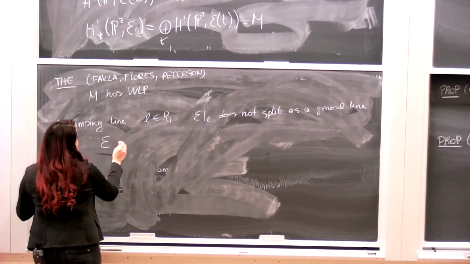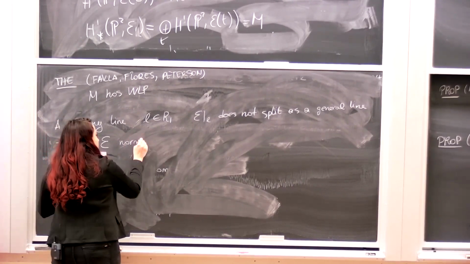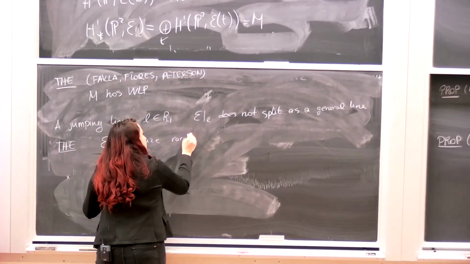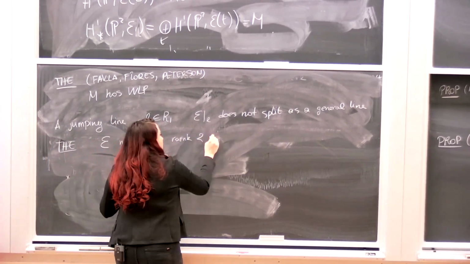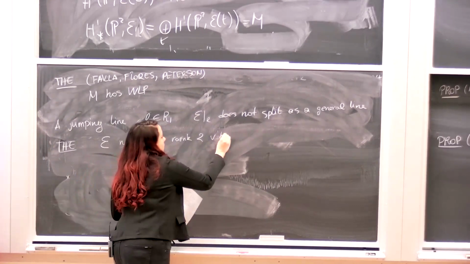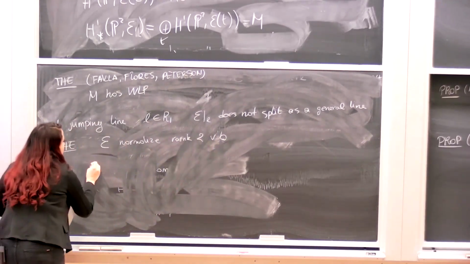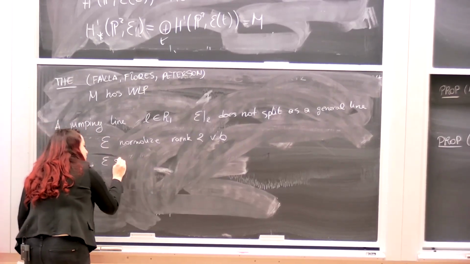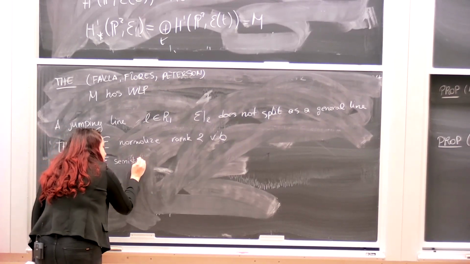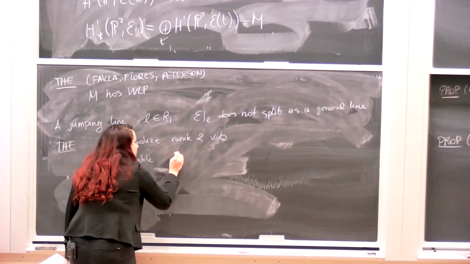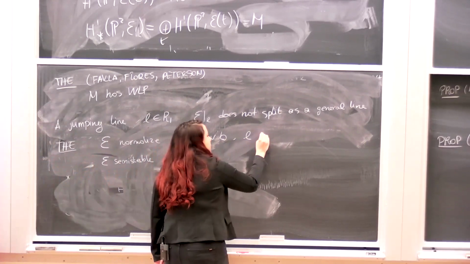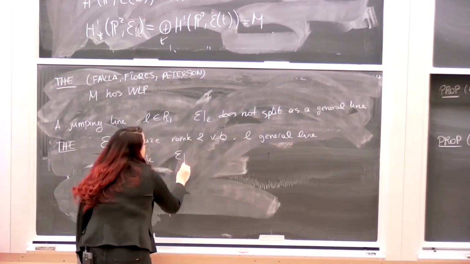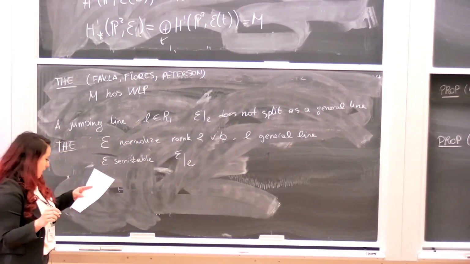So here, if E is a normalized rank 2 vector bundle over P2, we have, first, if E is semi-stable, then for L a general line, E splits over L as follows.